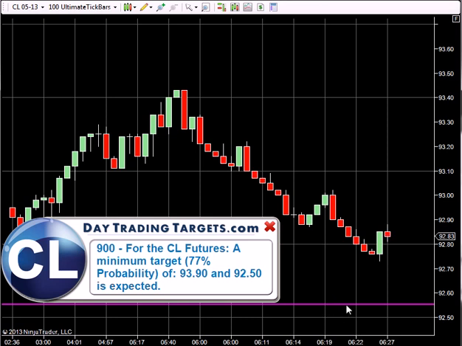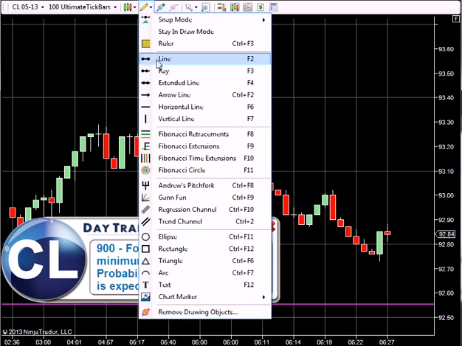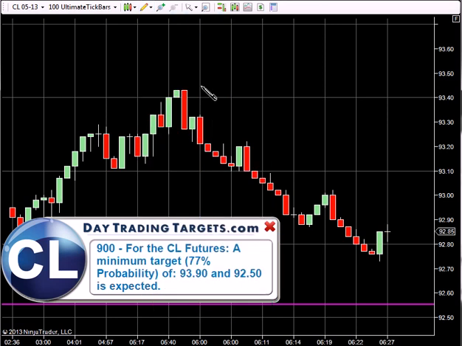But this is a level that is computed to statistically show at what level traders are going to begin to agree that the market has gone too far off of the open. And so in this particular case, right around the open, which as I said was right here, I can mark that for you with a vertical line. The market open is here, somewhere inside of this bar.